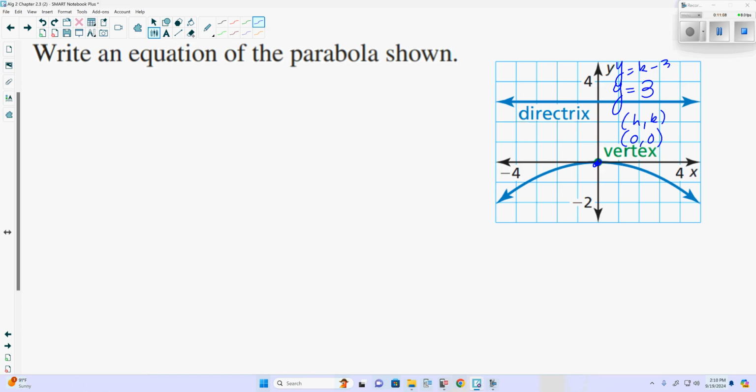Since they did give us the directrix as y equals 3, that means our general form for this is y equals a times x minus h squared plus k.